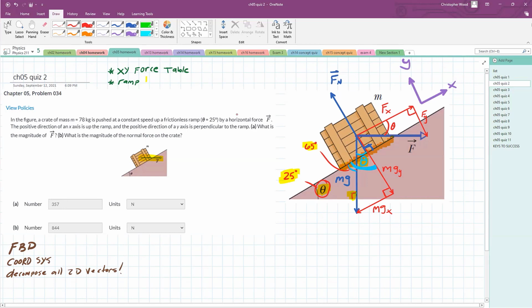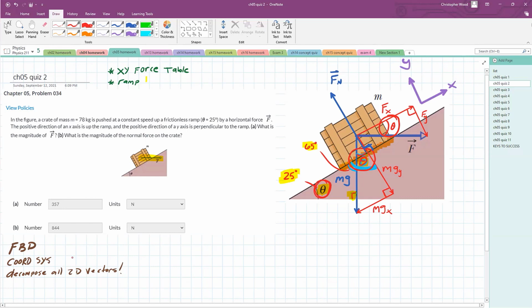So I have theta appearing in three places. Theta is my ramp angle, which is given. Theta also turns out to be this triangle's angle right here, and you witnessed my explanation as to why. And it turns out this is the same theta here. So these thetas are all the same angle. This is why we study geometry and trigonometry, basically. That's it.